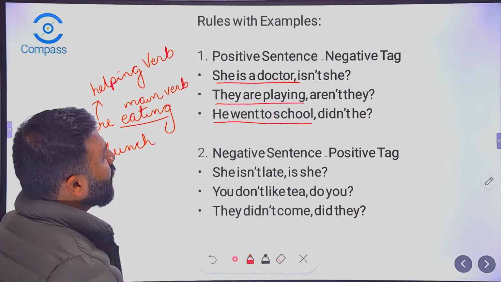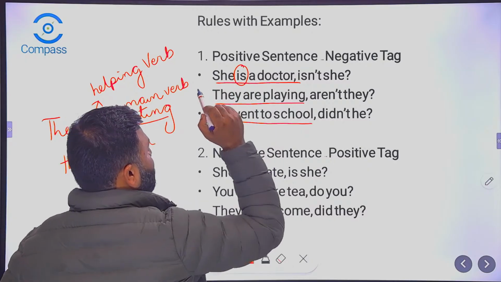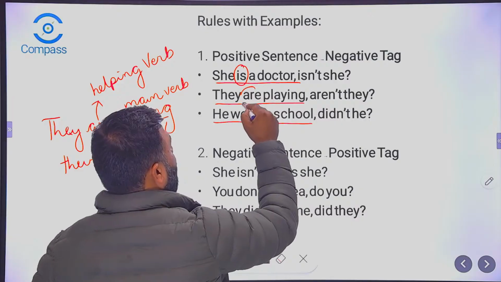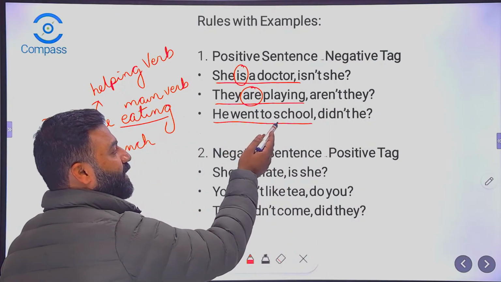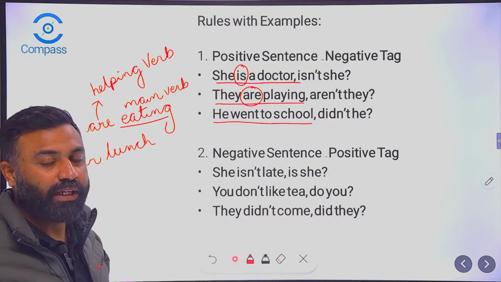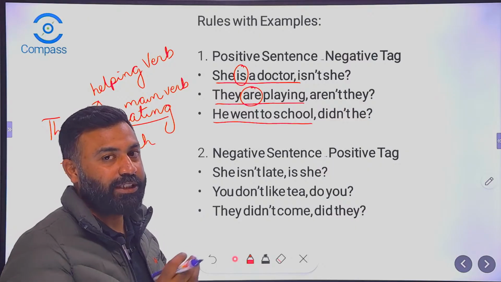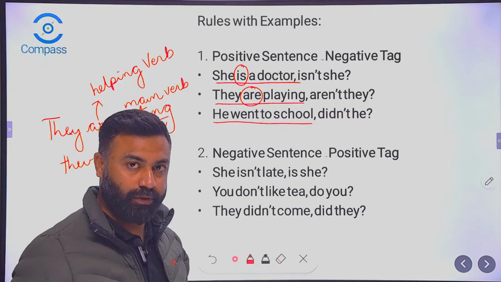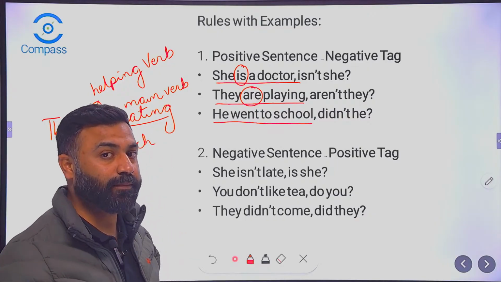Now I want you to pay attention to the auxiliary verbs: is, isn't, are, aren't. But in the third sentence, we do not have an auxiliary verb. And we just learned that if we do not have a helping verb, we need to provide do, does, or did.